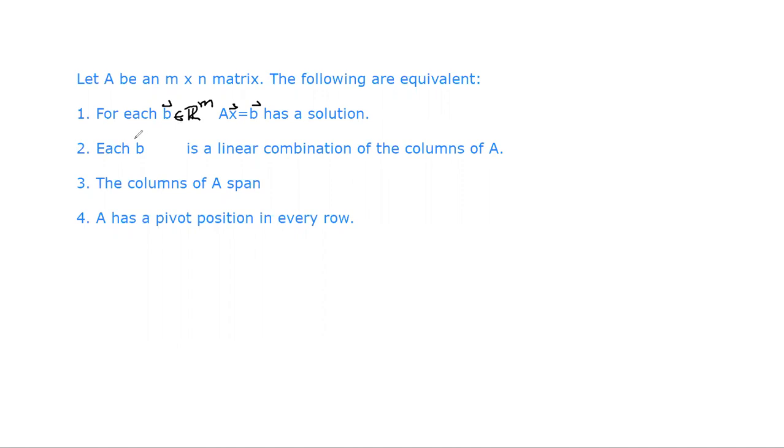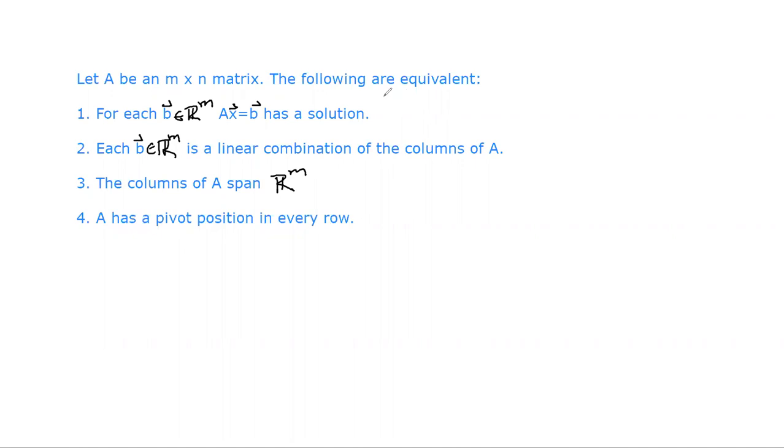Another way of saying this is that every single b in Rm is a linear combination of the columns of A. Another way of saying this is if everything in Rm is a linear combination, then the columns span the entirety of Rm. And how did we see that made it work? A has a pivot position in every row. That means all of our variables can be defined. There's nothing about that system that would make it inconsistent.